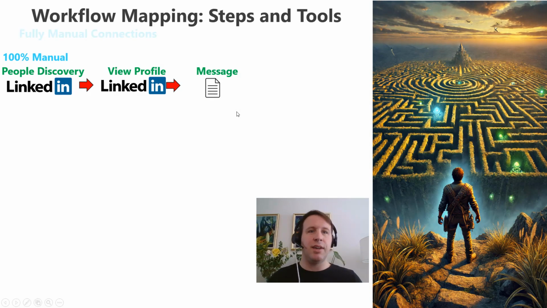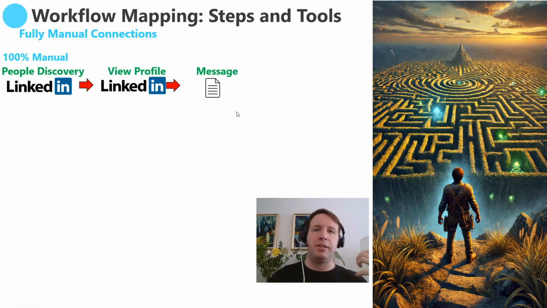I've already covered this. So workflow mapping, steps and tools. There is always going to be a fully manual way of doing anything, and that's what most people are comfortable and familiar with. I'm asking you to consider getting out of that fully manual mindset in favor of a few things I'll show. But we understand how to find profiles. We understand how to view a profile, then send that connection request along with a personalized message.